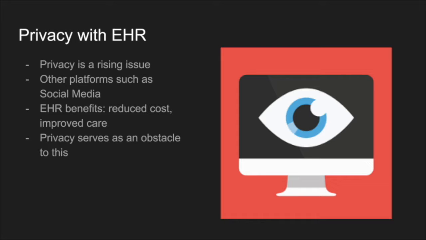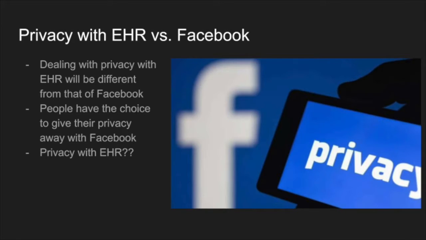The only thing is that in order for electronic health records to be adopted, the issue of privacy would need to be addressed. And I think that the privacy issue here will be different from that of Facebook, because within Facebook, people have the choice whether or not they want to give their privacy away. But within the medical setting, people don't necessarily have the same choice, which in my opinion will make it an obstacle to implementing it.